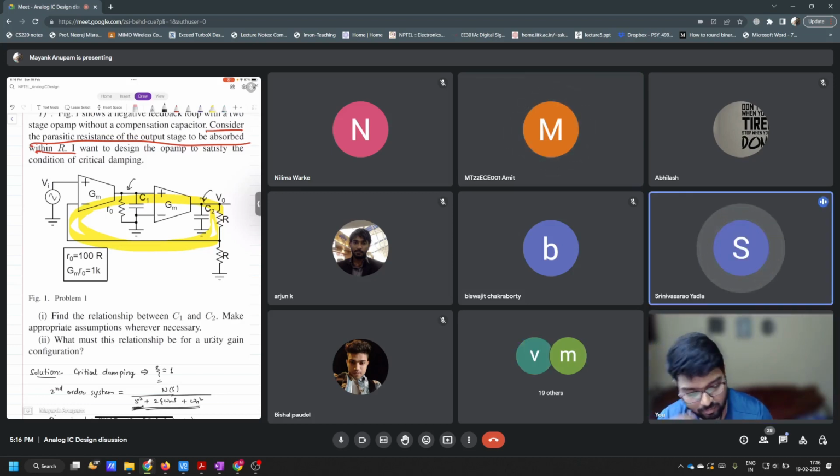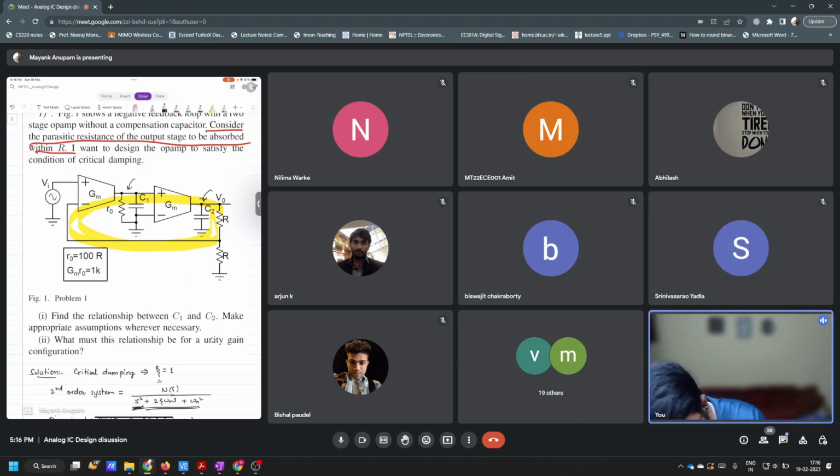Break the loop, apply the test voltage, and measure the return voltage. Correct. So where do we break the loop here? Just after the feedback. Let's say I break the loop here.